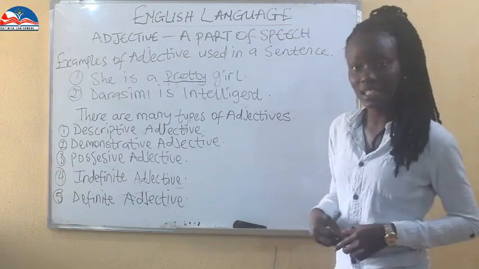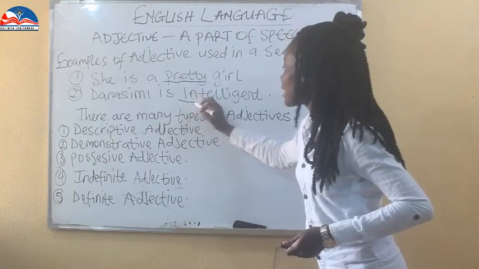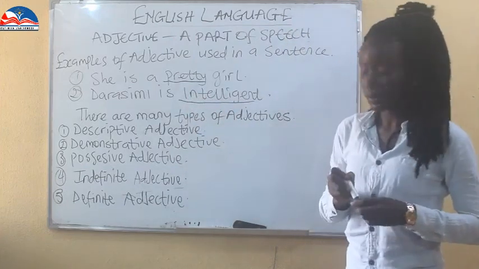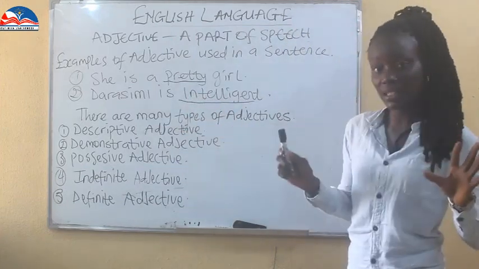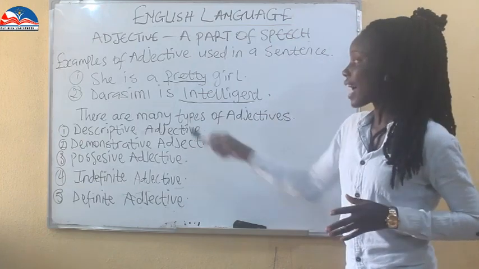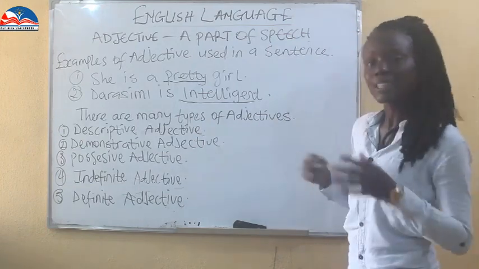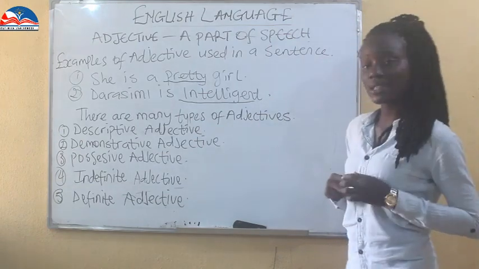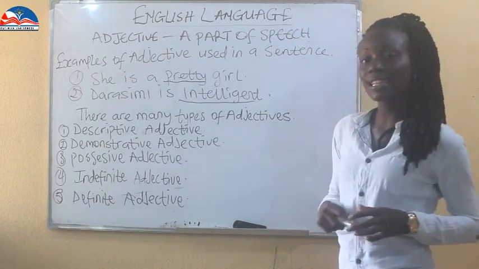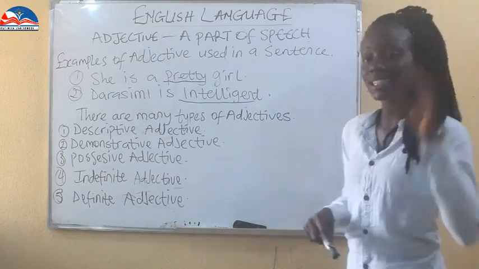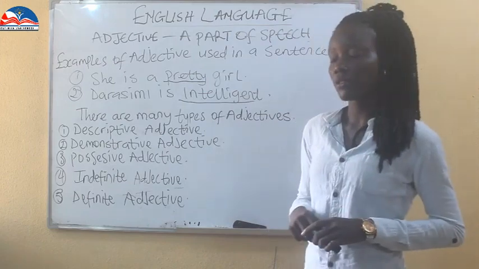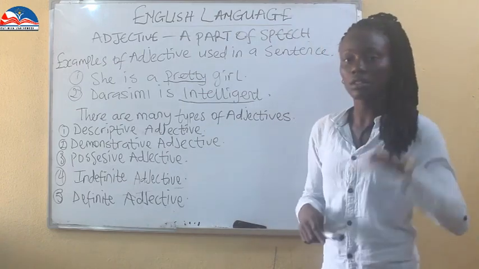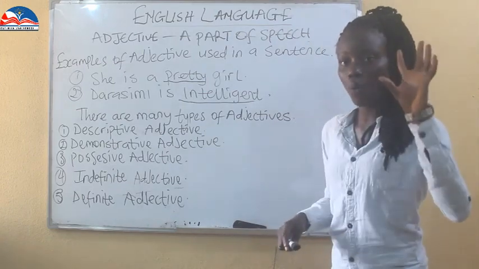Intelligent is the adjective. There are many types of adjective in English language. We have the descriptive adjective, demonstrative adjective, possessive adjective, indefinite adjective, and definite adjective. Now we will look into the types of adjective one after the other.